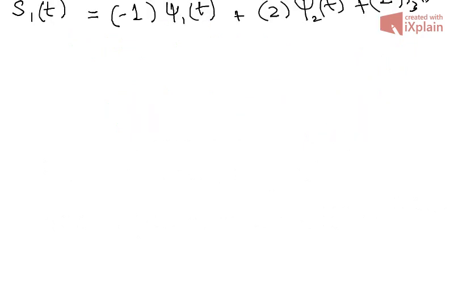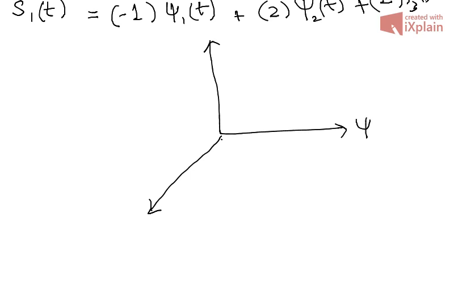Let's see, we have -1, 2 and 1. So our three-dimensional Euclidean space looks like this. So we have psi1 here, right? Psi1. We have psi2 here, psi2(t), and psi3(t), right?